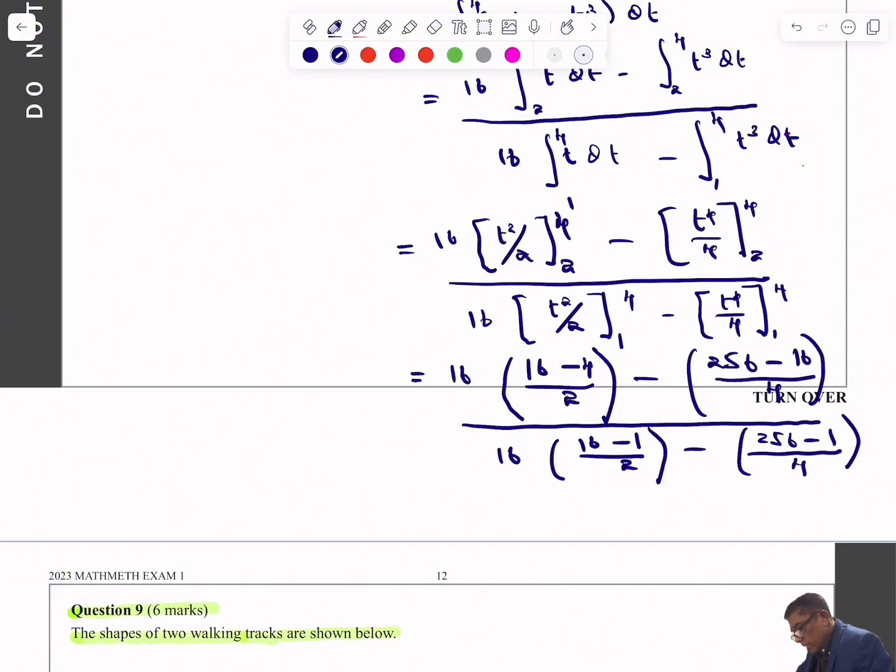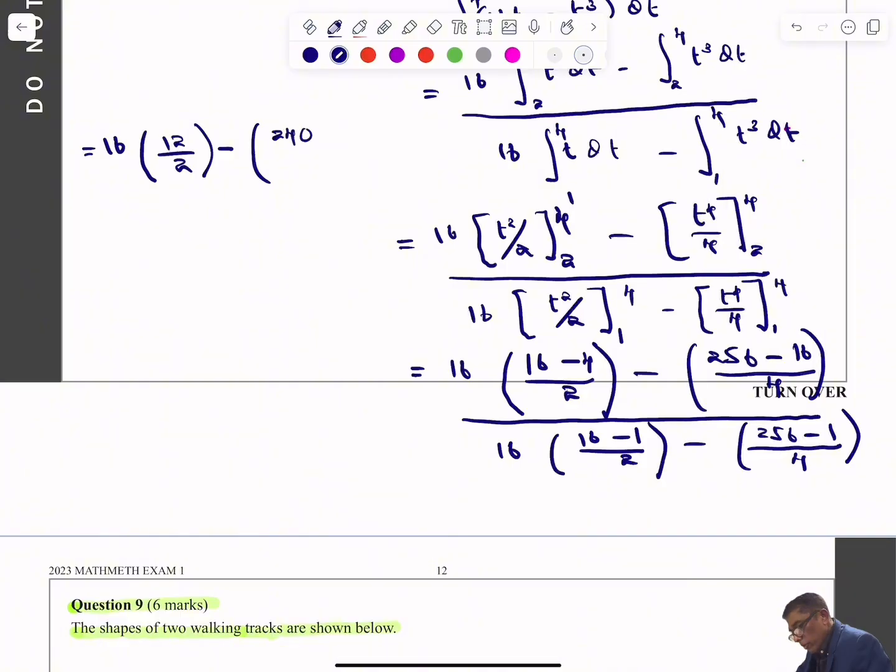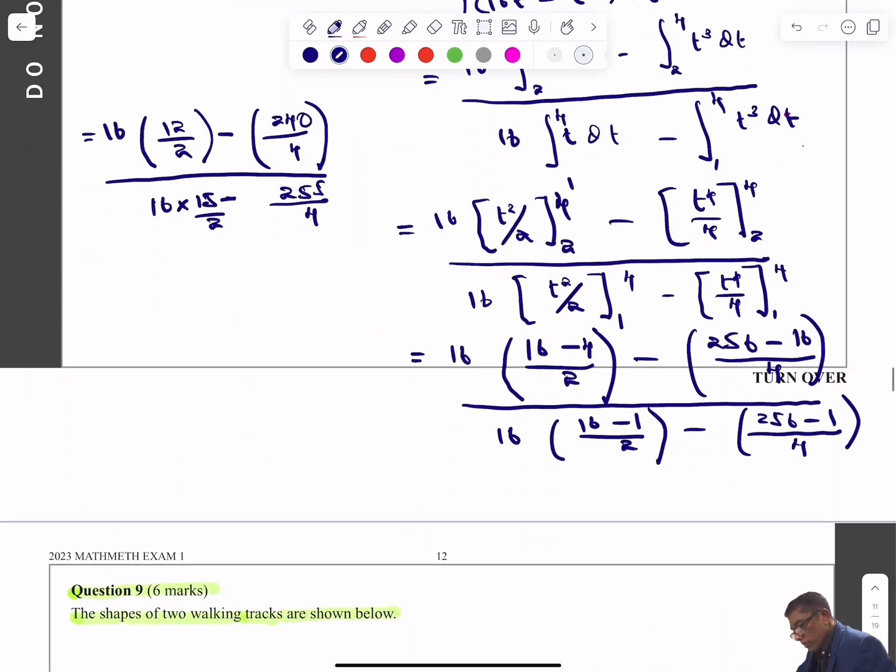Here this is 16 times 12 over 2 minus 240 over 4, divided by 16 times 15 over 2 minus 255 over 4.